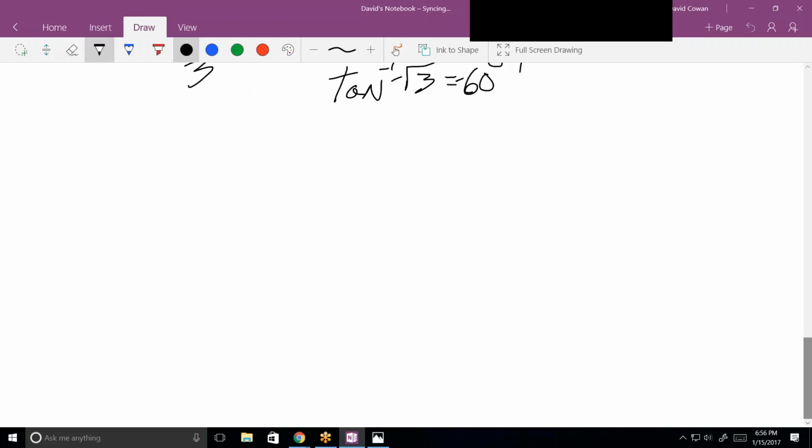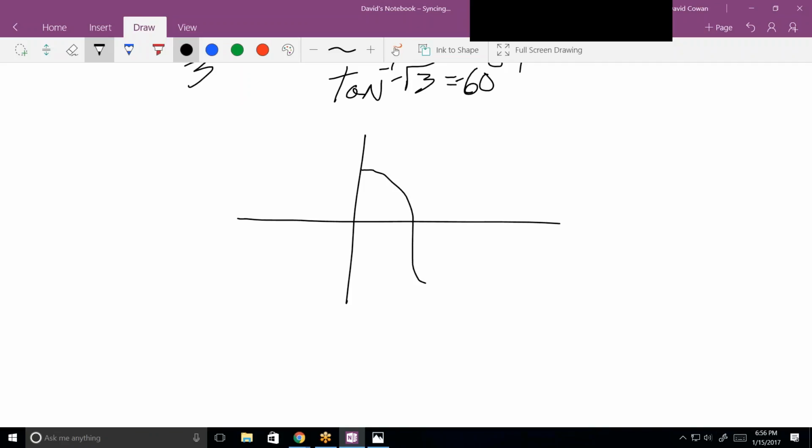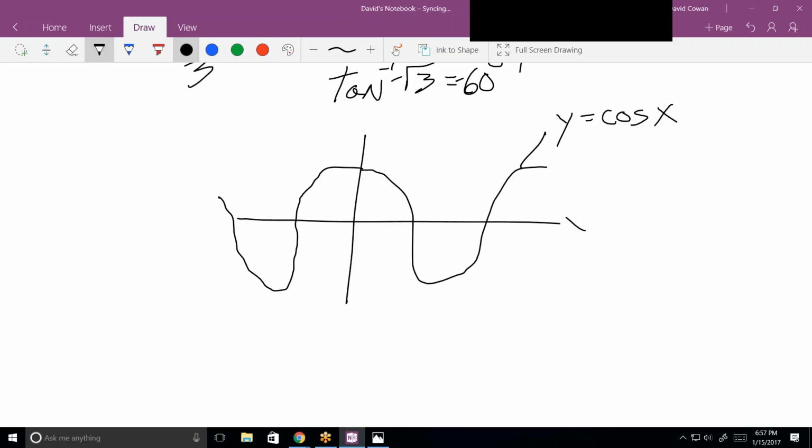That's why when I first started the unit circle with you, I said you might as well memorize this curve because you're going to need it in lots of places. Now, this is the cosine curve, not the inverse. This is y equals cosine of x. Let me label a couple of these points.